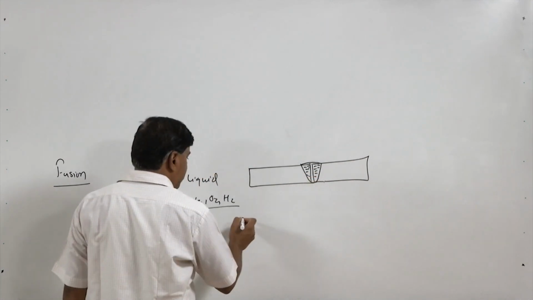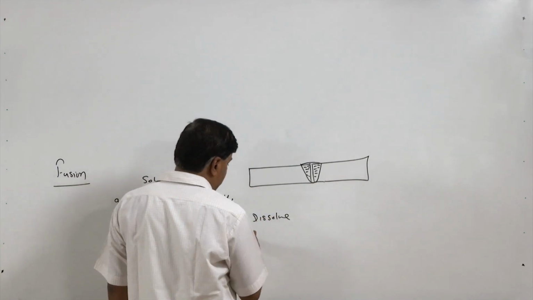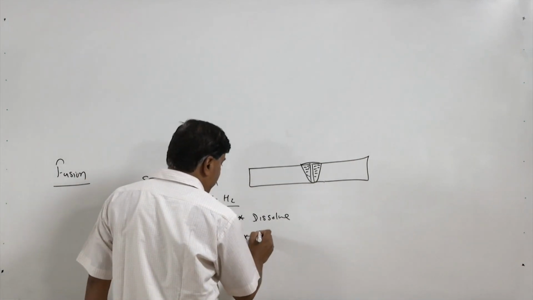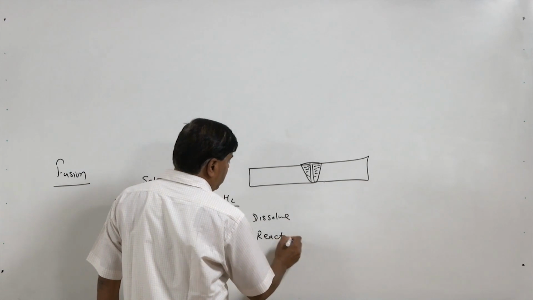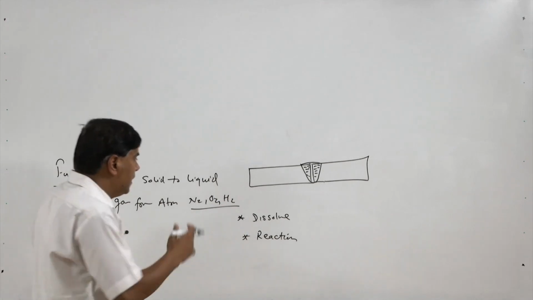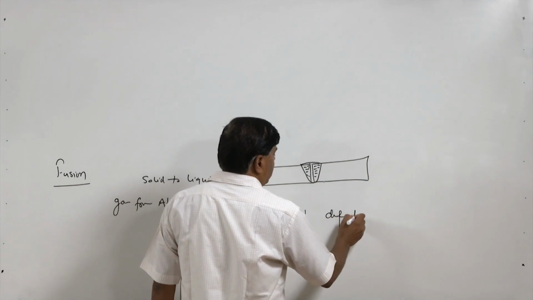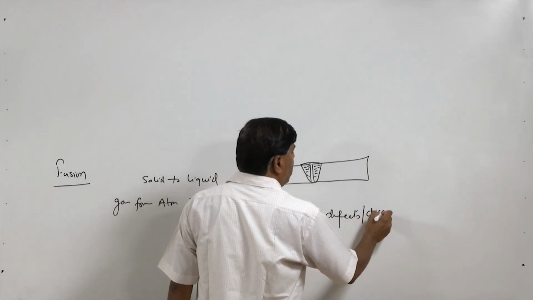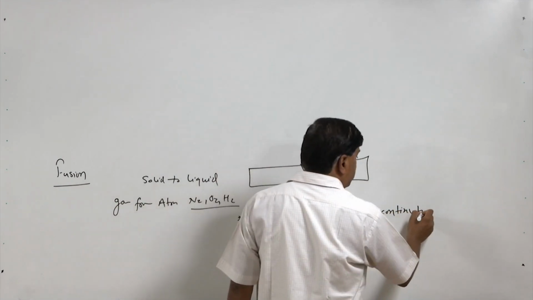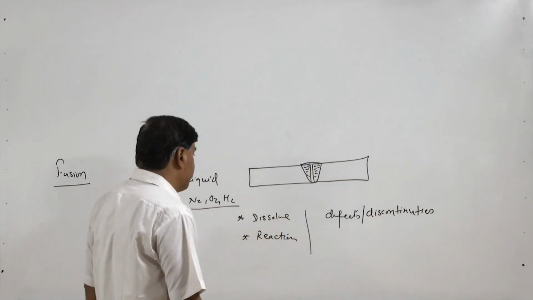One, either these gases will get dissolved because of the high solubility at elevated temperature in the molten state, or they will react. According to the way they interact with the molten metal, they will result in defects or discontinuities, which may lead to the rejection of the weld joints when the discontinuities are beyond the acceptable limits.